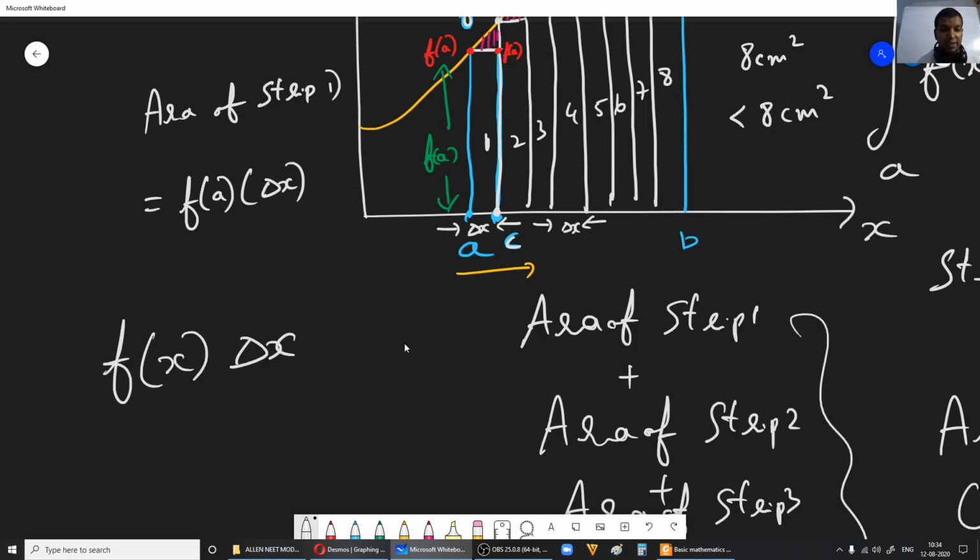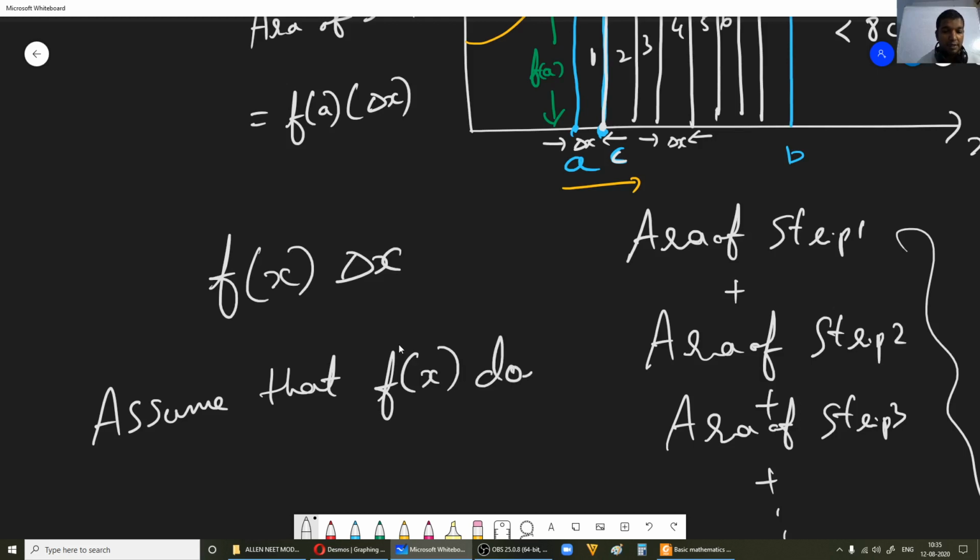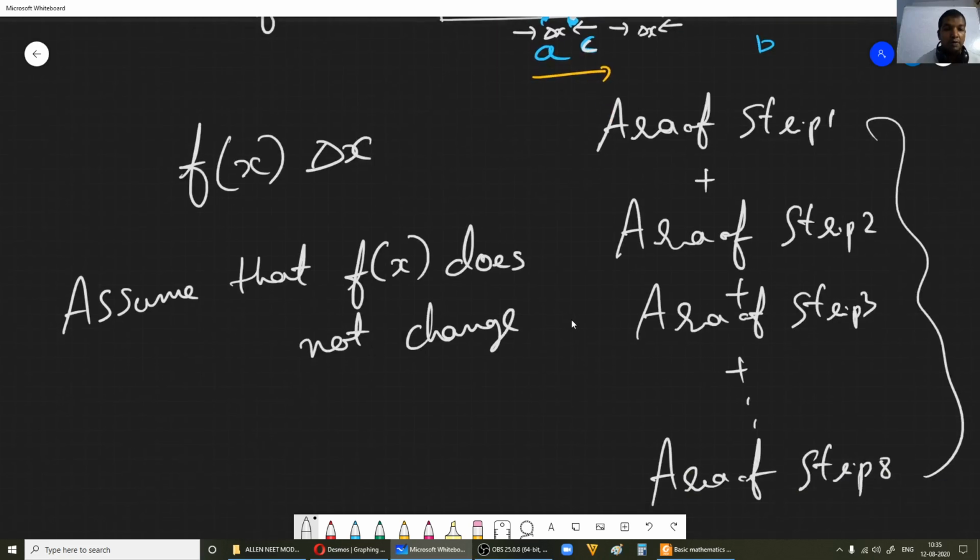What assumption we are making here is that f of x does not change if the change in x is delta x.